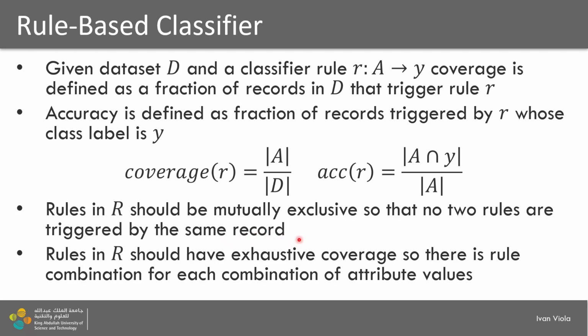The same record should not be covered by more than one rule. And it should also be exhaustive. So the coverage should cover all of the records such that each record is covered by exactly one rule. And if that's the case, then our rule-based classifier is both mutually exclusive and exhaustive, which are important properties for the classifier to work well.